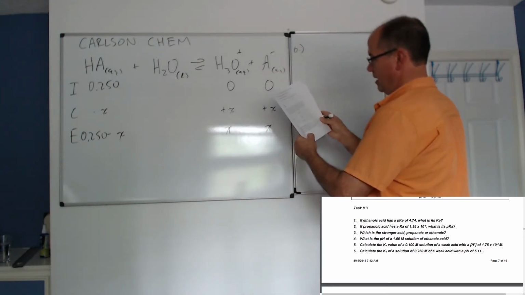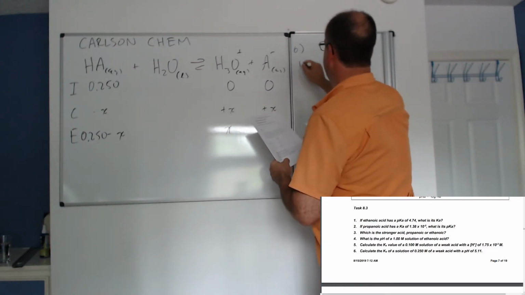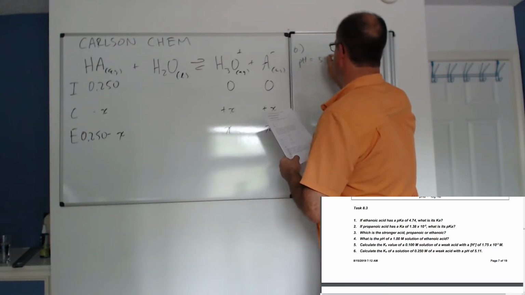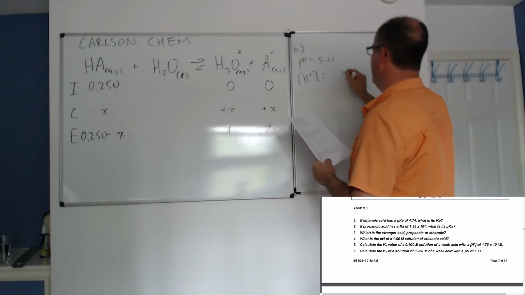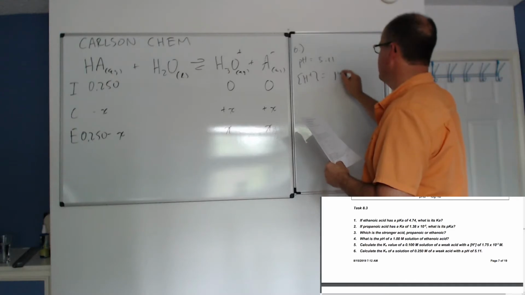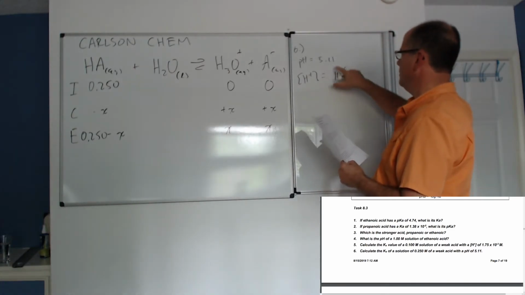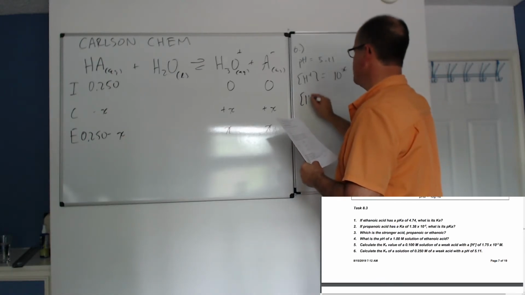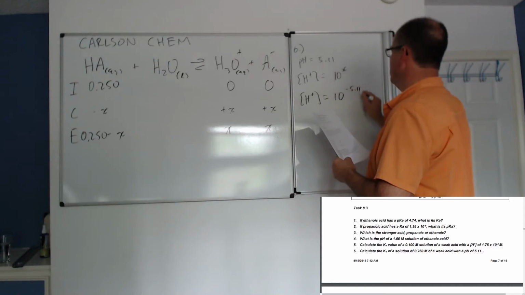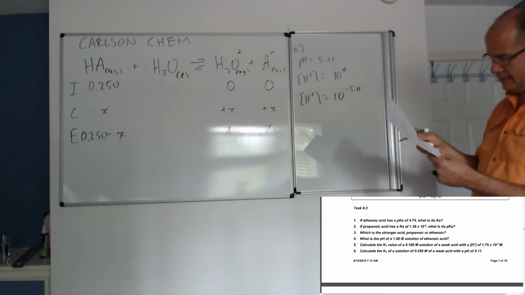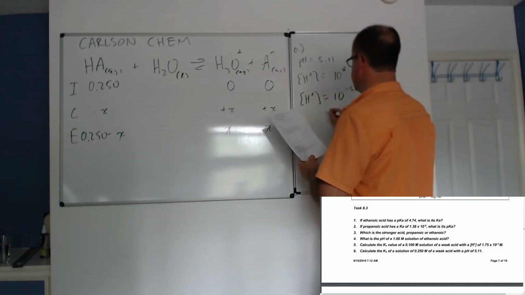So we have the pH is 5.11. If the pH is 5.11, I can figure out the H plus by taking the inverse log of -5.11. So H plus would be 10 to the -5.11, and that is 7.76.